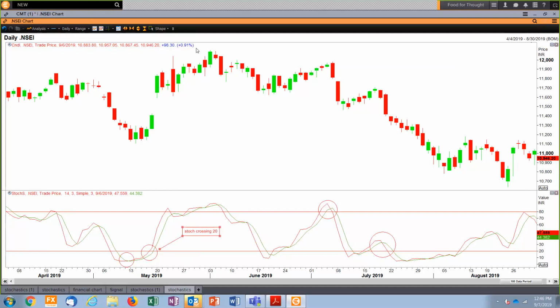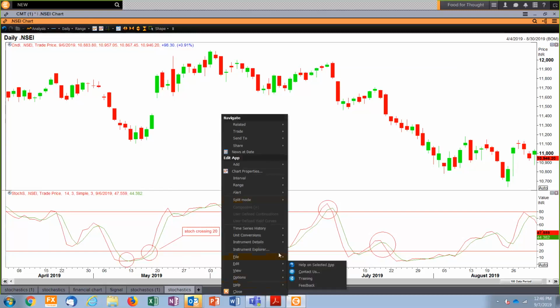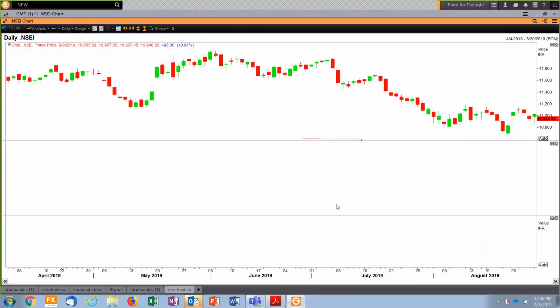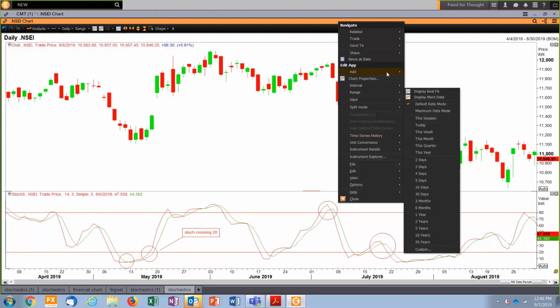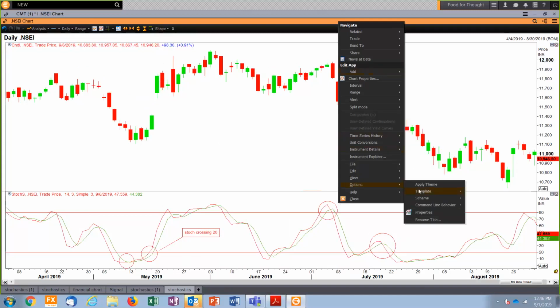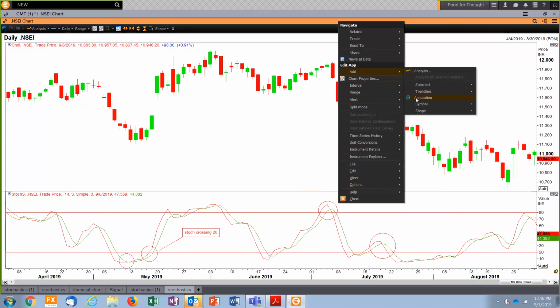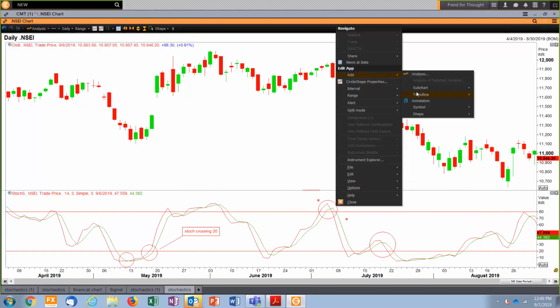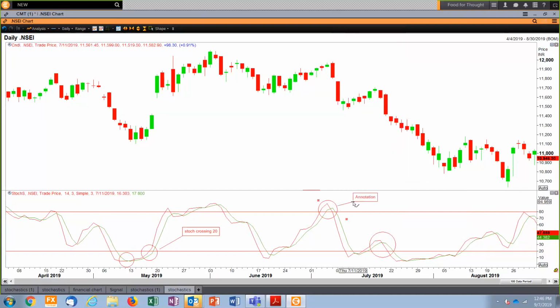This becomes your signal, and similarly I can do another annotation, stochastic going below 80. Similarly, I can mark two other annotations for the other two signals.